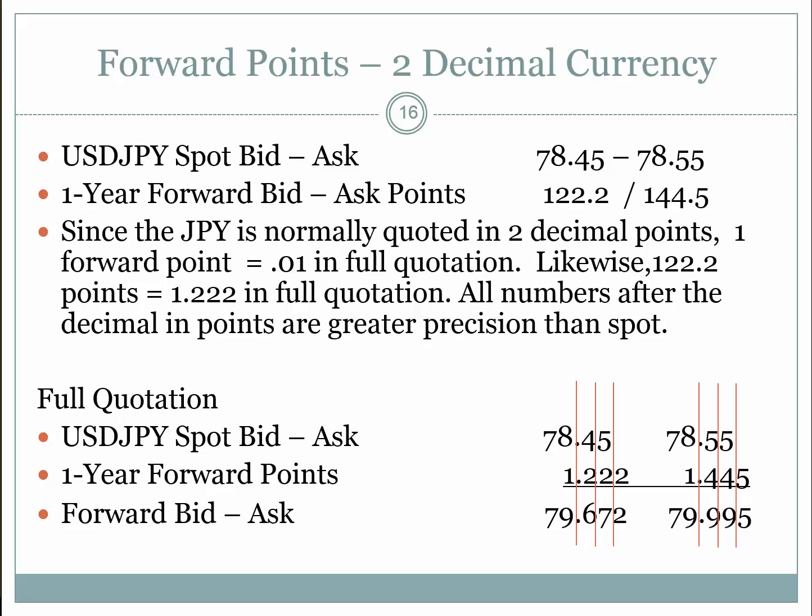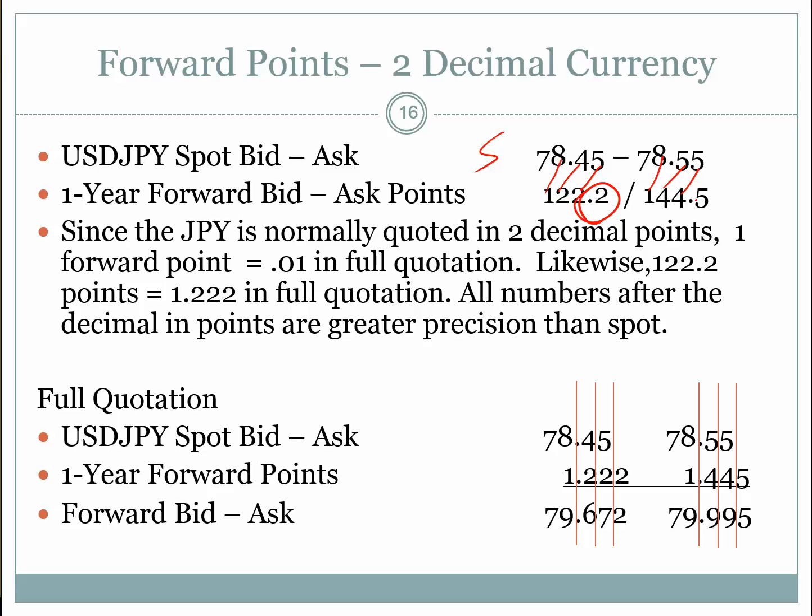Now, it's a little more complicated in that sometimes a forward market has more decimal places than a spot market. So you might see the spot is 78.45 bid, 55 ask, and you're quoted 122.2 points for the forward. So how this lines up is the 122 still lines up and the 144 still lines up against the last decimal places in the spot.